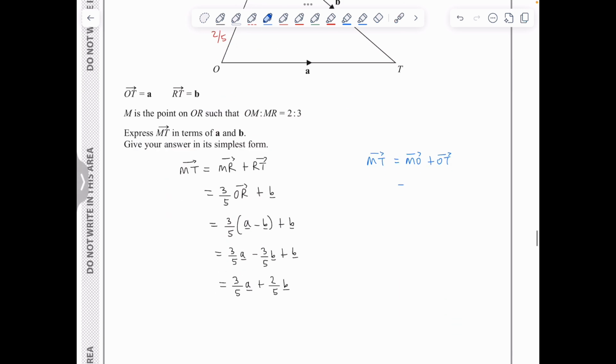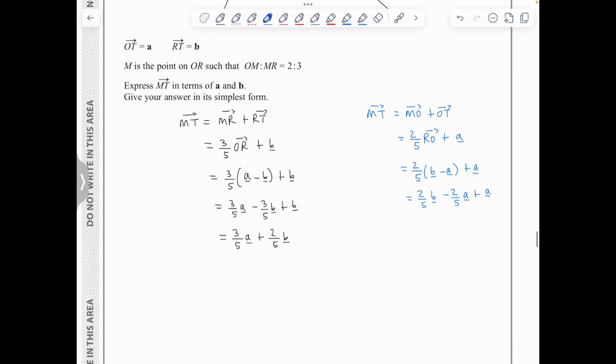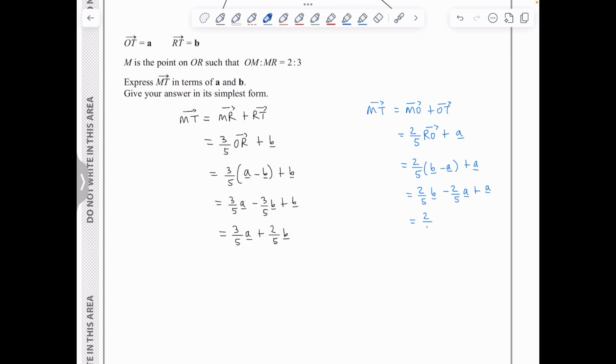We're looking at 2/5 of RO, and the vector OT is simply the vector A. So we're looking at 2/5 of B minus A plus A, which gives me 2/5B minus 2/5A plus A, which simplifies to 2/5B plus 3/5A, which of course agrees with the answer we obtained here, so both approaches are equivalent.